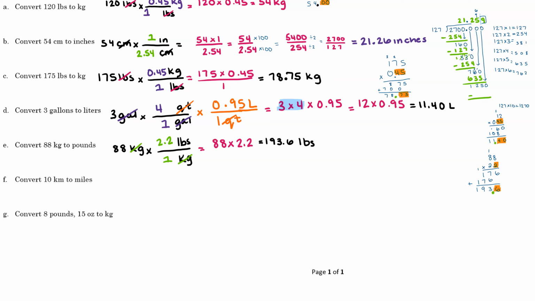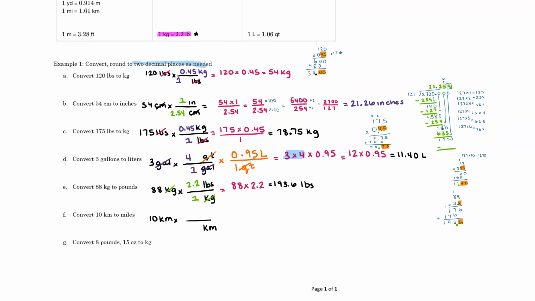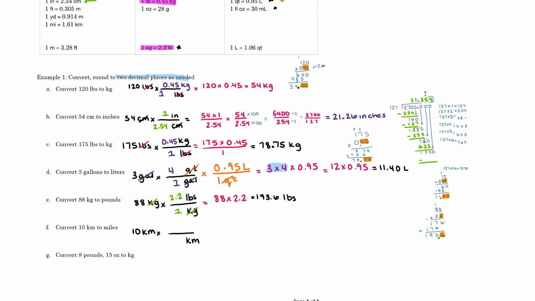Let's convert 10 kilometers to miles. So we're starting with 10 kilometers. We need to get rid of kilometers. Let's see if we've got kilometers to miles. Hey, we do.